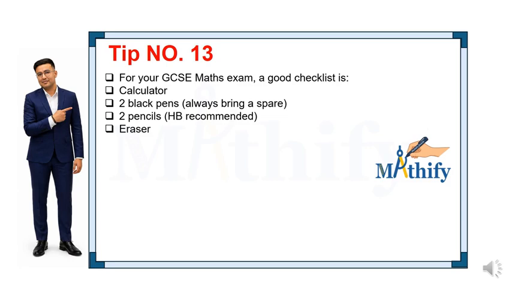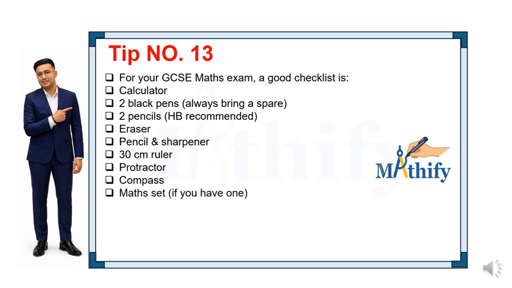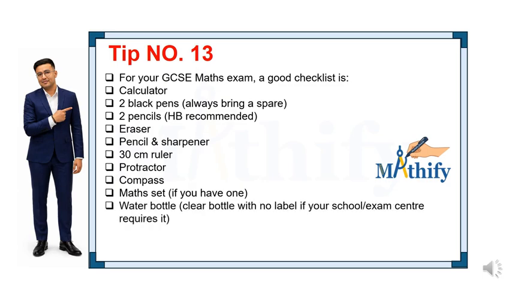A rubber, pencil sharpener, 30cm ruler, a protractor, a compass, maths set if you have one, and a water bottle. Make sure that the bottle is clear and there are no labels, especially if your school or exam center requires it.